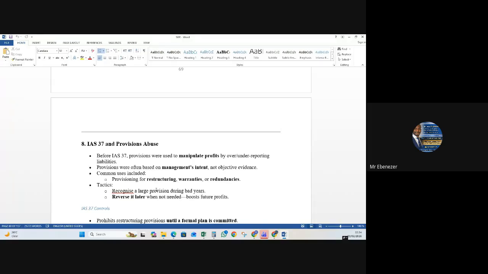Now, the current IFRS we are treating, which is IAS 8, right? That talks about accounting policies, changes in estimates and errors.